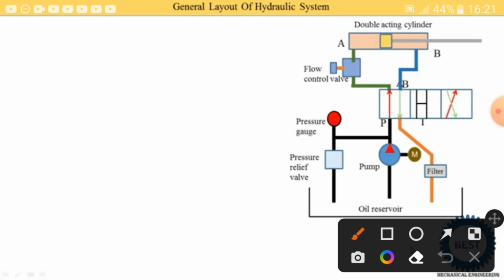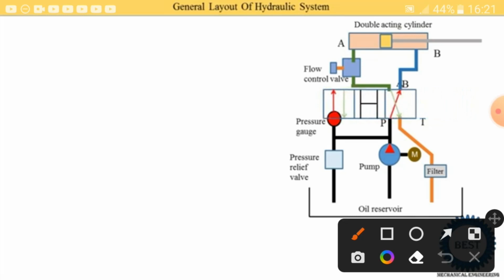Now when we change to the mid position, all the ports P, A, B, T are connected with each other, so oil is supplied in any direction. Now when we go to the third position, the oil coming from the pump is supplied to the P port.